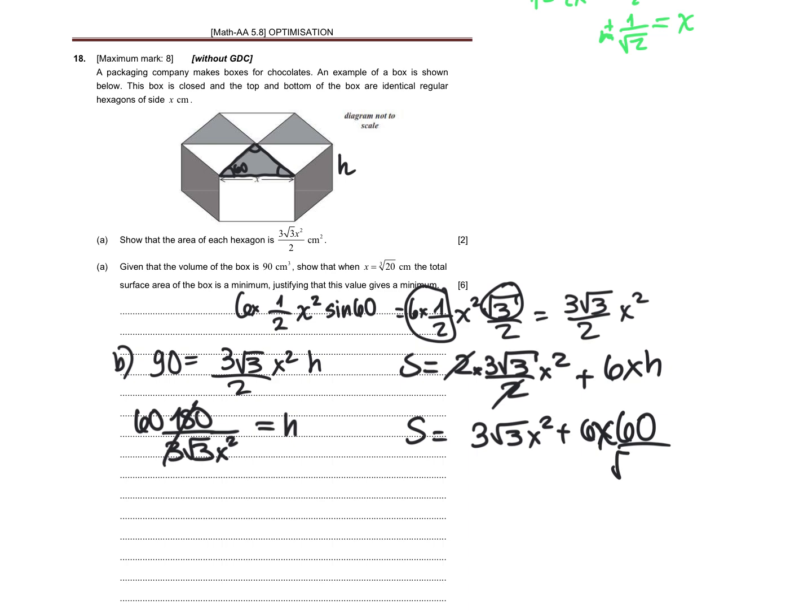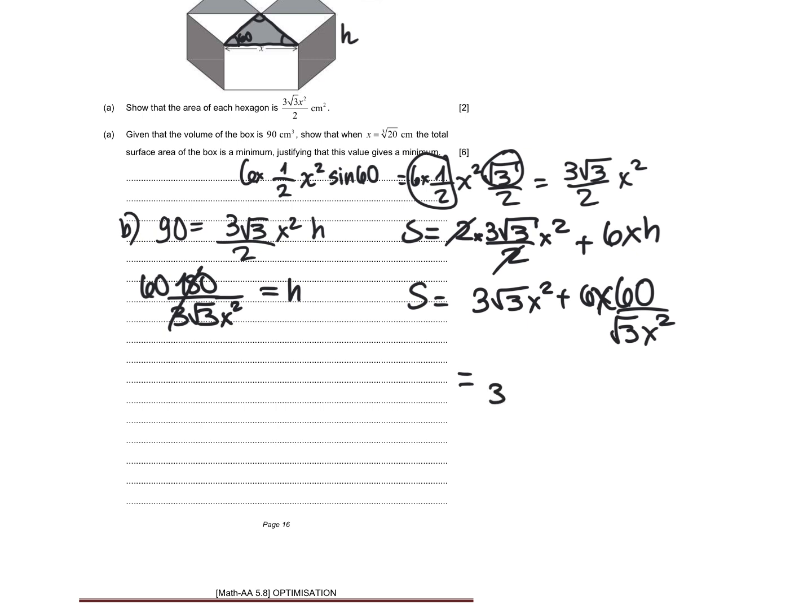over √3 x squared. Okay, simplifying this a bit more, we're going to have 3√3 x squared, and this is plus 360x. Nope, no x. The x down on the bottom cancels. So now, surface area.